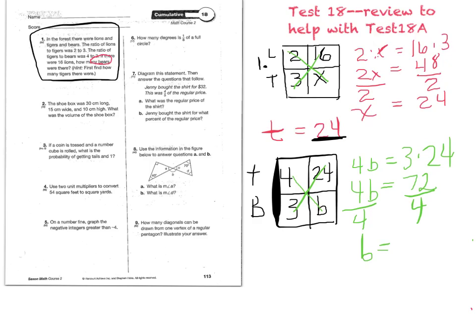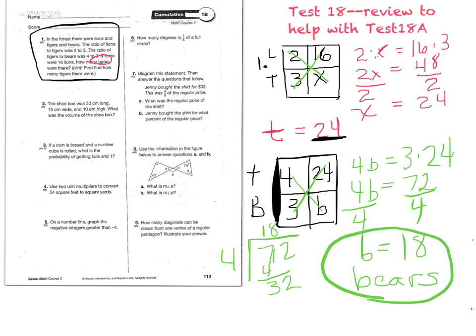Well, if we take 72 and divide it by 4, 4 goes into 7 one time evenly. 4 subtract 2, 4 goes into 32. 18 what? 18 bears. And that, folks, is what we were looking for.